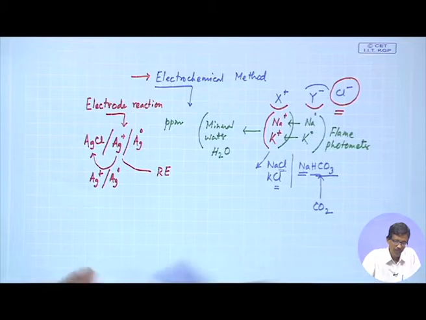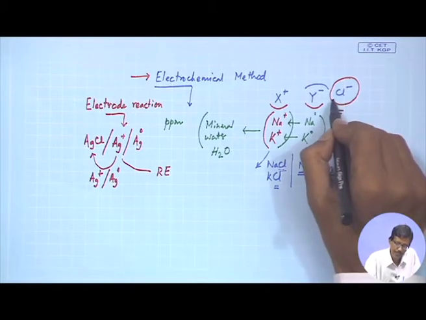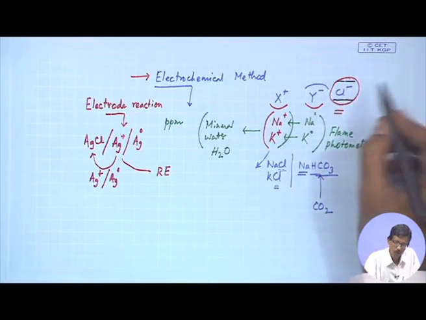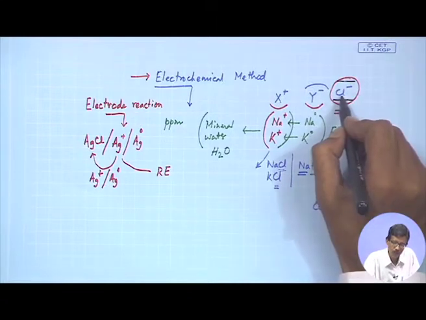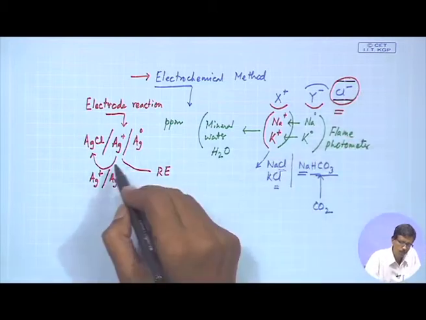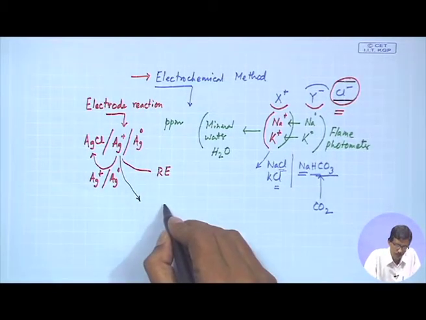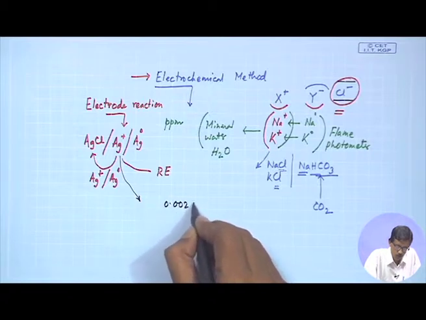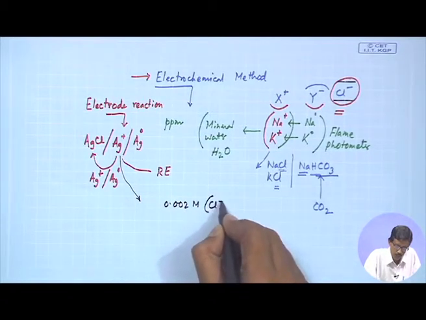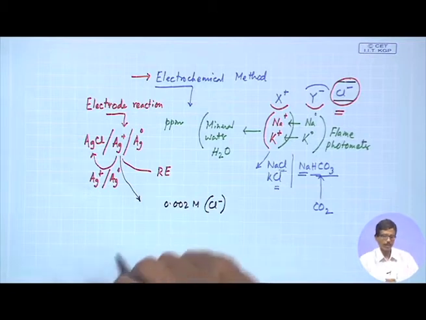So, in some way, if we can have a good idea of an electrochemical method where the system can sense the chloride ion concentration, because in making these half cells we have seen that a certain amount of 0.002 molar chloride concentration was required for making that particular cell.